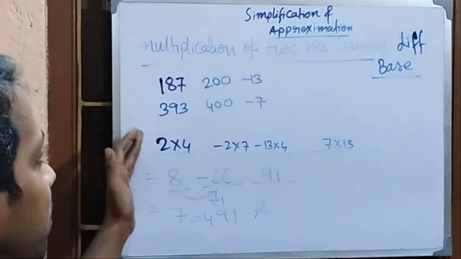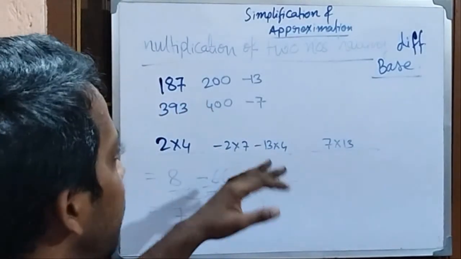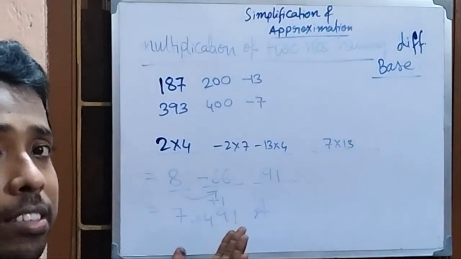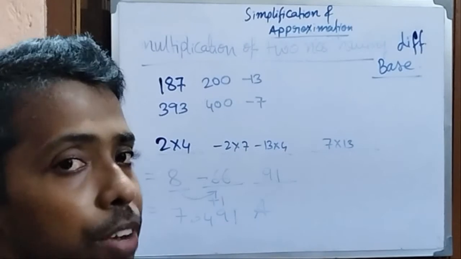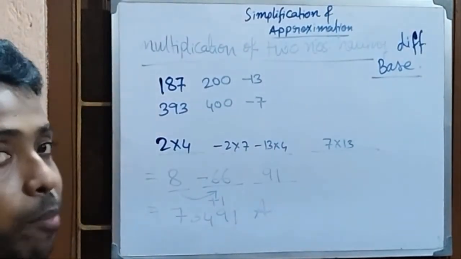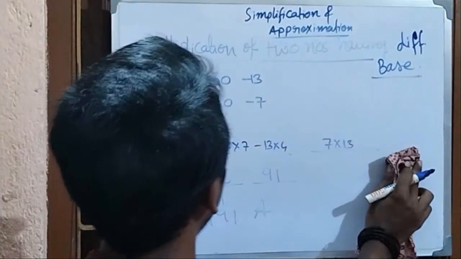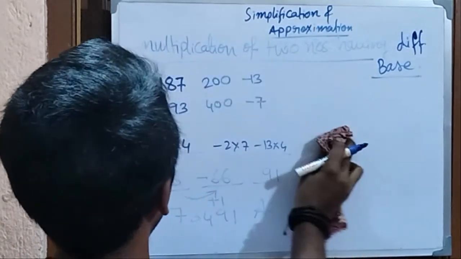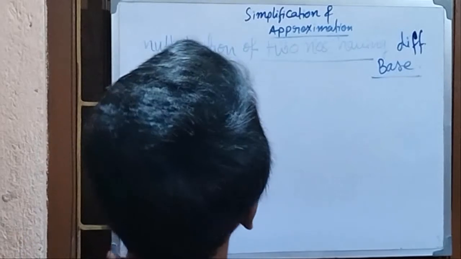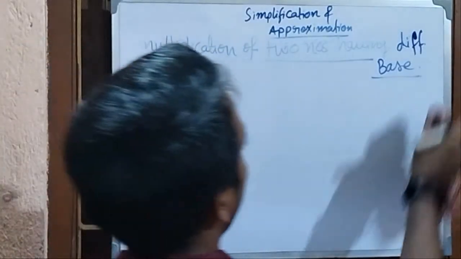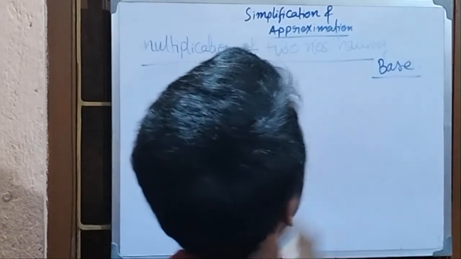Understanding this part, the same base part would become very easy. Your psychological state of mind would say, yeah, this is very easy, and you feel better about it. Okay, so moving to the final part of this session: multiplication of two numbers having the same base.